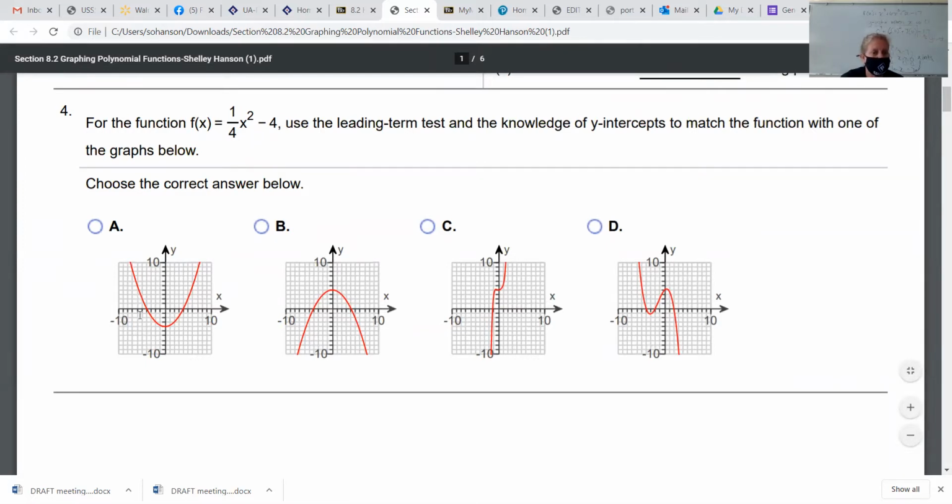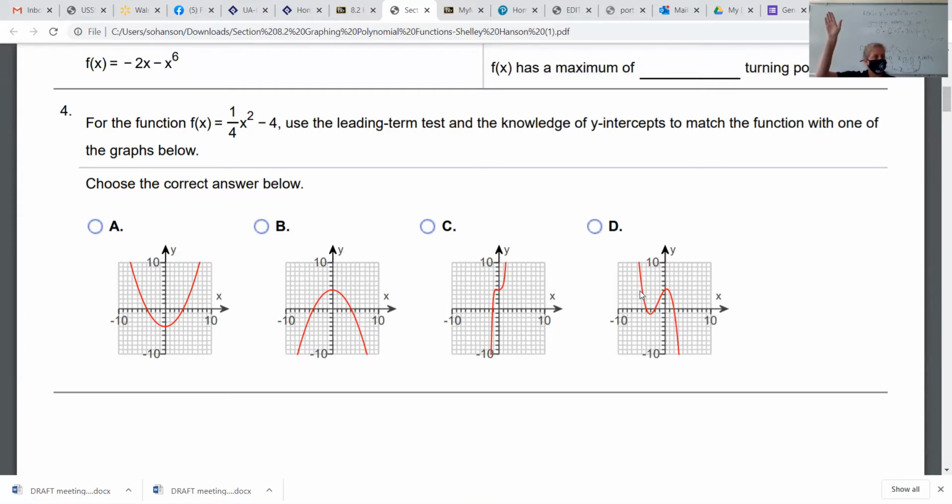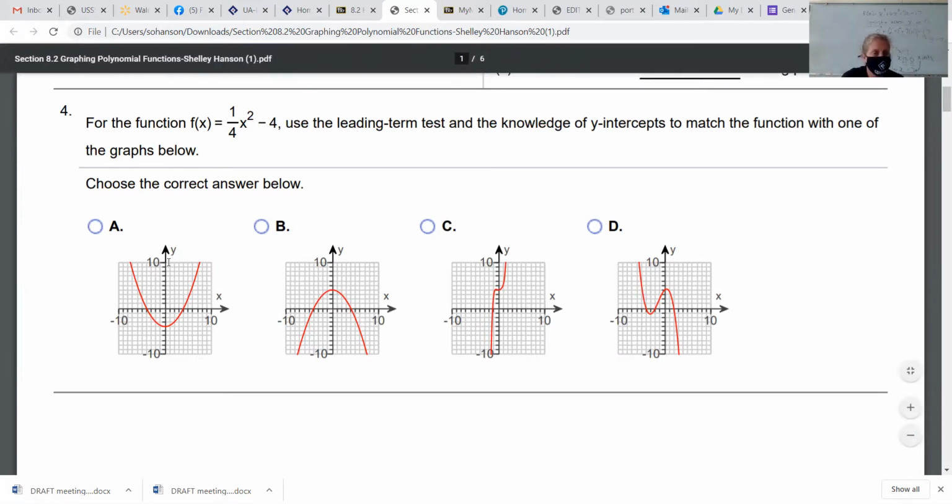What does A do? They both go up. What does B do? Both do the same, but they're going down. So it's not B. C and D have one going up and one going down, so those are odd end behavior. So the only thing that matches both up would be A.